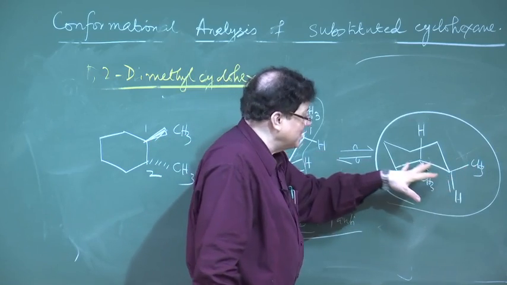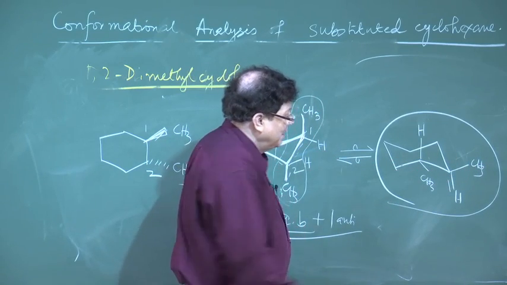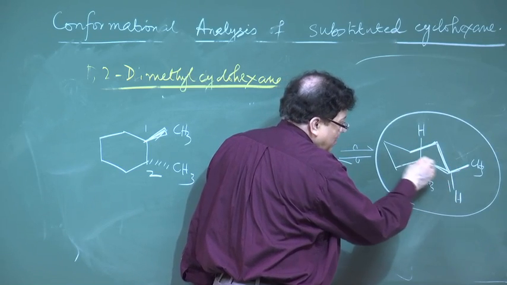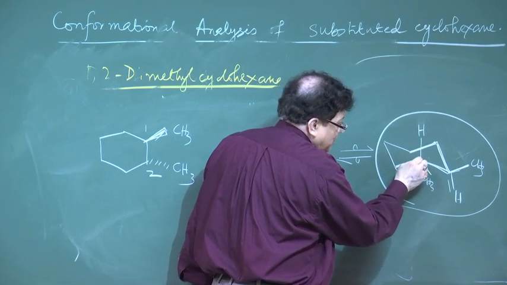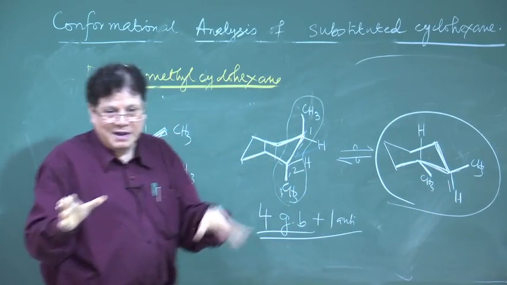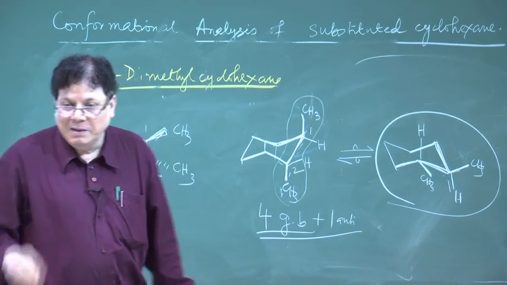In the case of the di-equatorial form, this is equatorial, so those extra butane units are all anti.